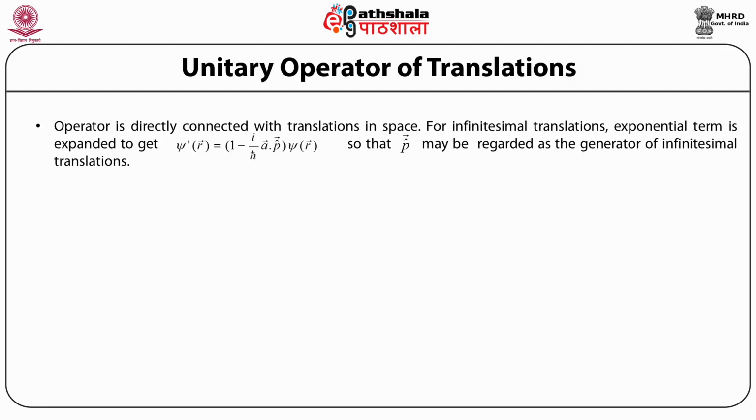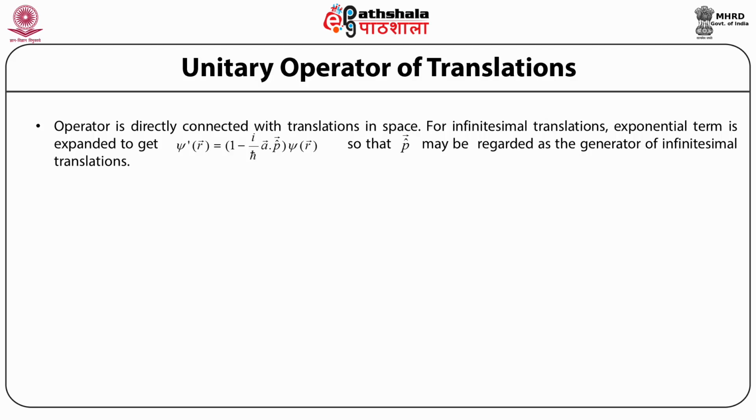Thus, if we have an infinitesimal translation, the exponential term is expanded to get the wave function psi prime as a function of r equal to 1 minus i by h cross times vector a dot momentum operator p, this whole times the wave function psi of r. So basically we have expanded the exponential function and only retained the first two terms in that expansion.